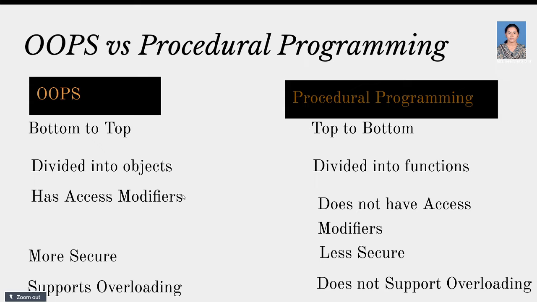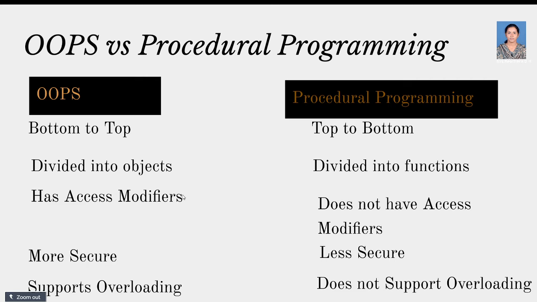The first is the bottom-to-top approach. In object-oriented programming, we are going to use objects, and based on those objects we are going to design the classes. So here the approach is from the bottom to the top, whereas in procedural programming we are not going to use any kind of objects, so we are going to use the approach of top to bottom.